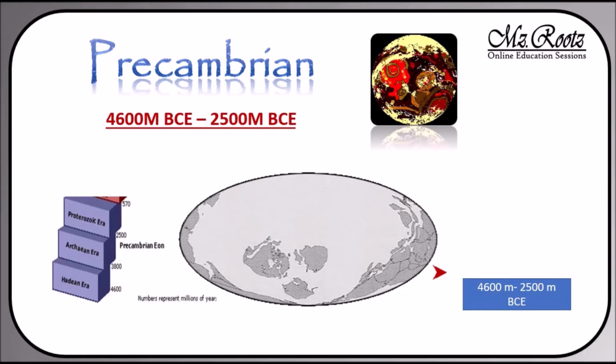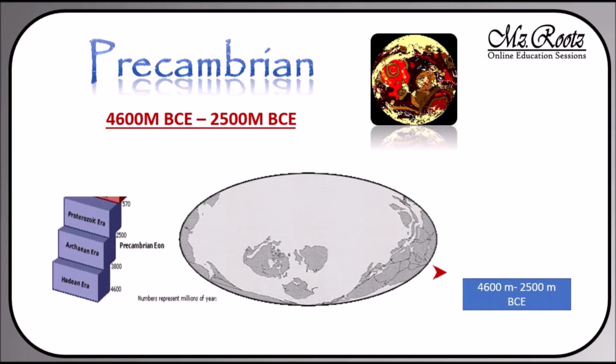In the last few decades, geologists have found that there are some hard to discern fossils in some Precambrian rocks. So this period also is known as the Cryptozoic or obscure life eon, from the words crypt, which means hidden, and zoon, which means life.